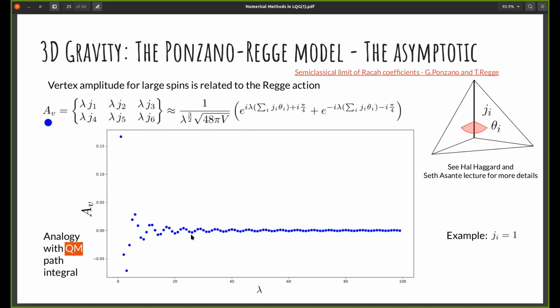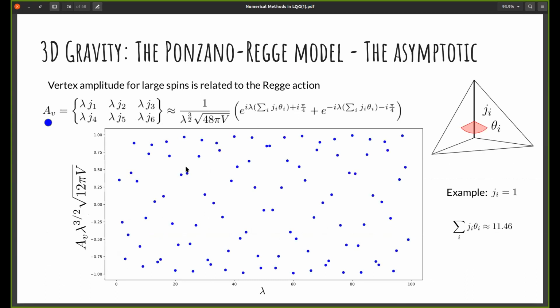It's not very easy to see the similarities between this picture and this asymptotic formula. So let me multiply the numerical data by this factor here in front. And what you get is the following. Oh, this is very promising, because you see now all the data points oscillate between -1 and 1.